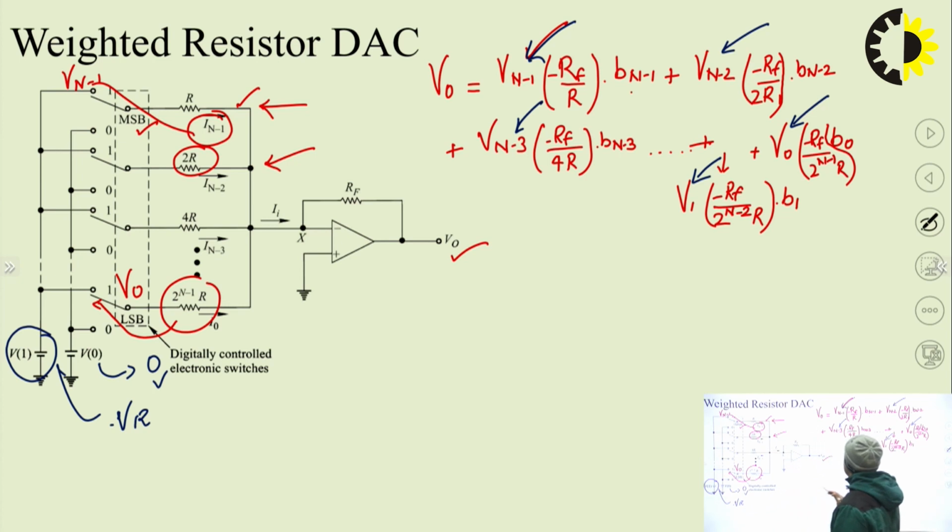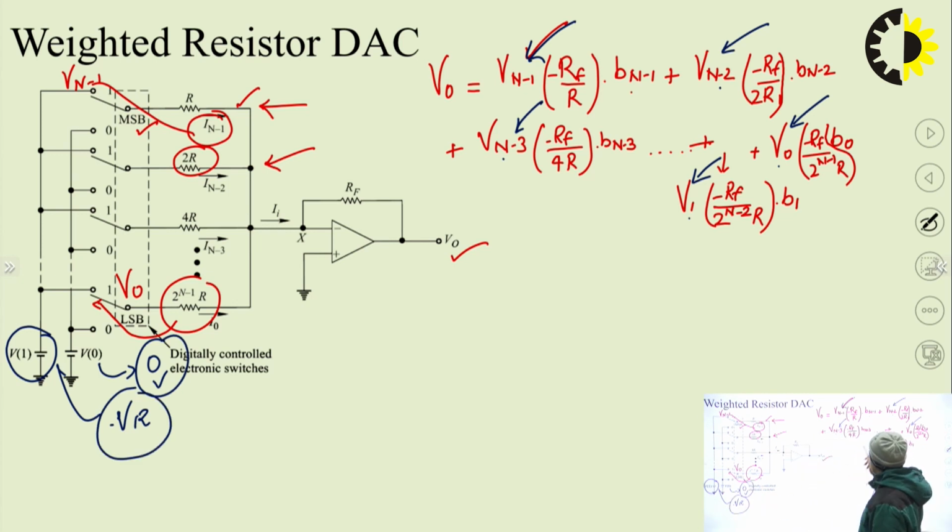That means if any branch is activated, the voltage in any of these branches, Vn minus 1, Vn minus 2, Vn minus 3, V naught, V1, the minimum it can be is 0 and the maximum it can be is minus VR.